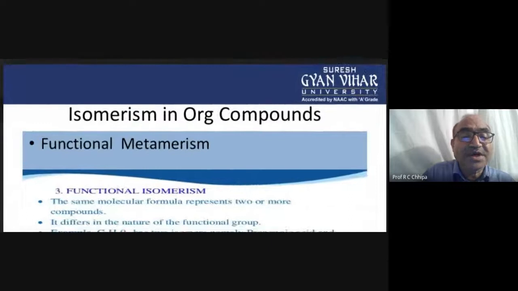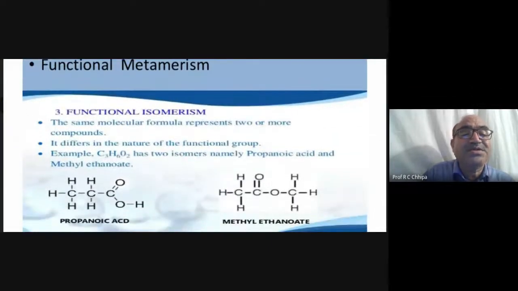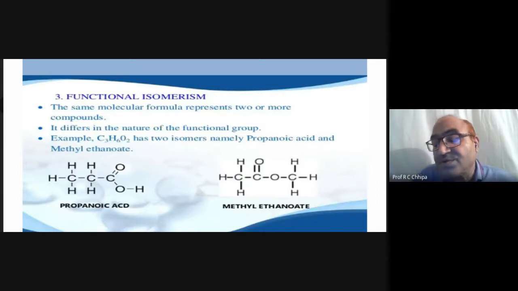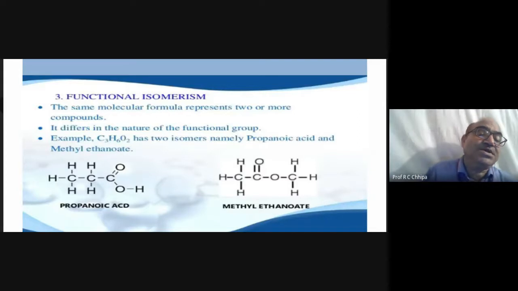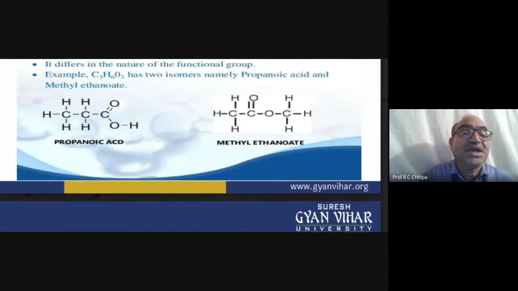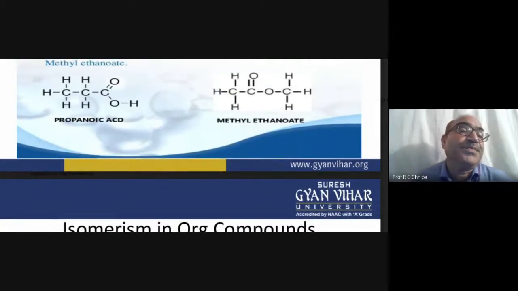Now we have the functional isomerism. Here we take propanoic acid, and propanoic acid itself has the carboxylic acid group. So the same molecular formula having two or more compounds, those are the isomers. This is a very simple compound, the 3 carbon atom carboxylic acid. So what happens in the case of the 3 carbon atom carboxylic acid? That is the propanoic acid.